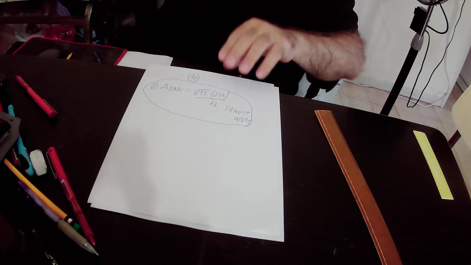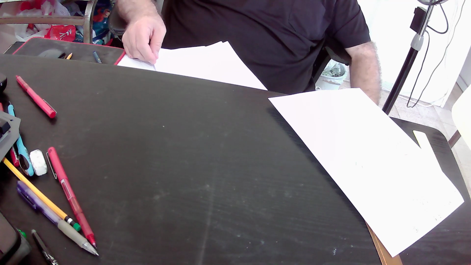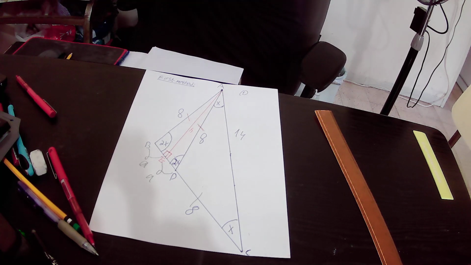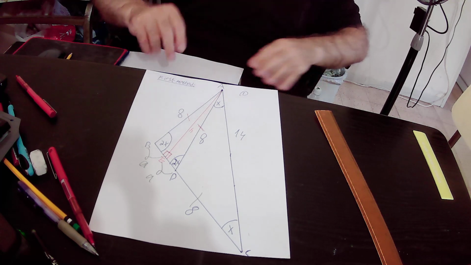Okay, so I will summarize the lecture. Actually, we wanted to find the area of this triangle ABC.